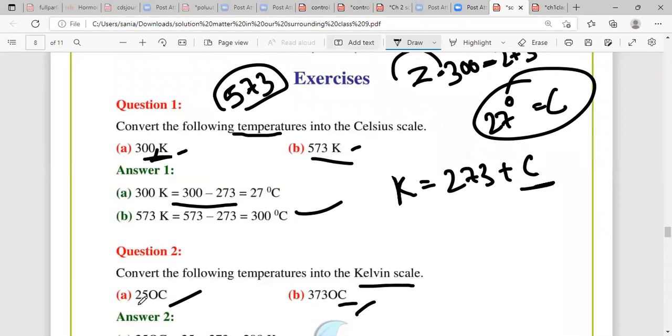Actually, I also thought that this is 250, but this is not 250. Adil, your answer was correct because you considered it 250, right? But it is 25 degree Celsius, and here it is 373 degree Celsius. Adil, correct your answer. This is 25, not 250. This is 25 degree Celsius, and this is 373 degree Celsius.